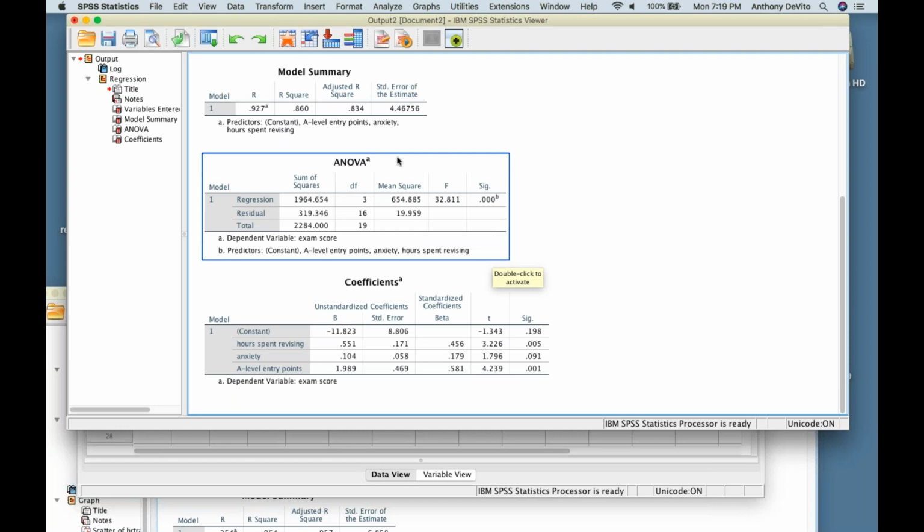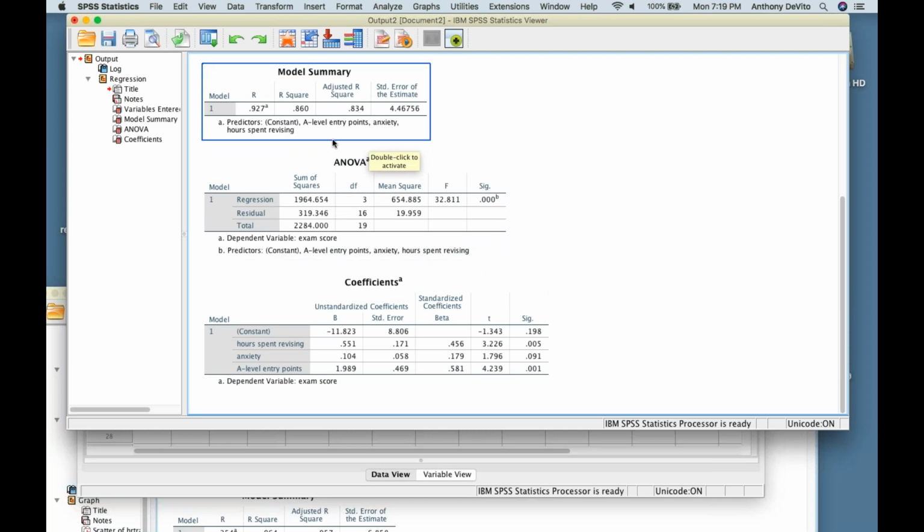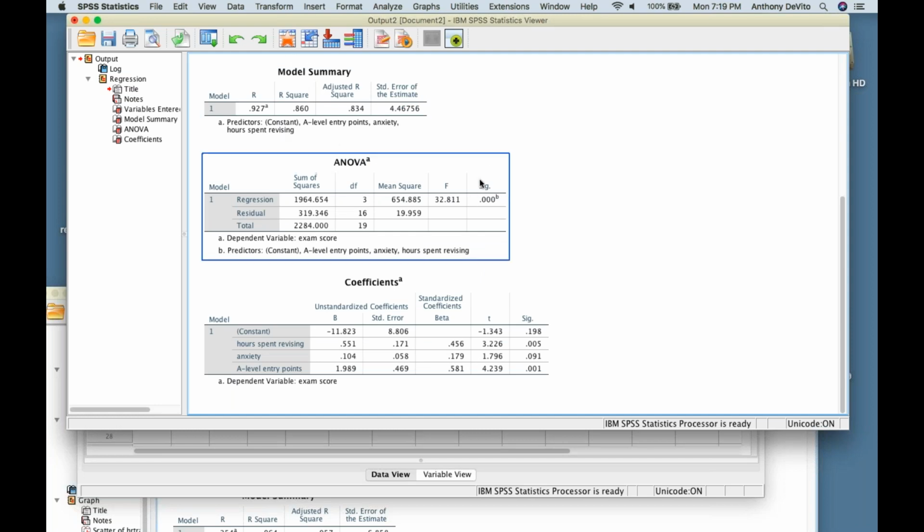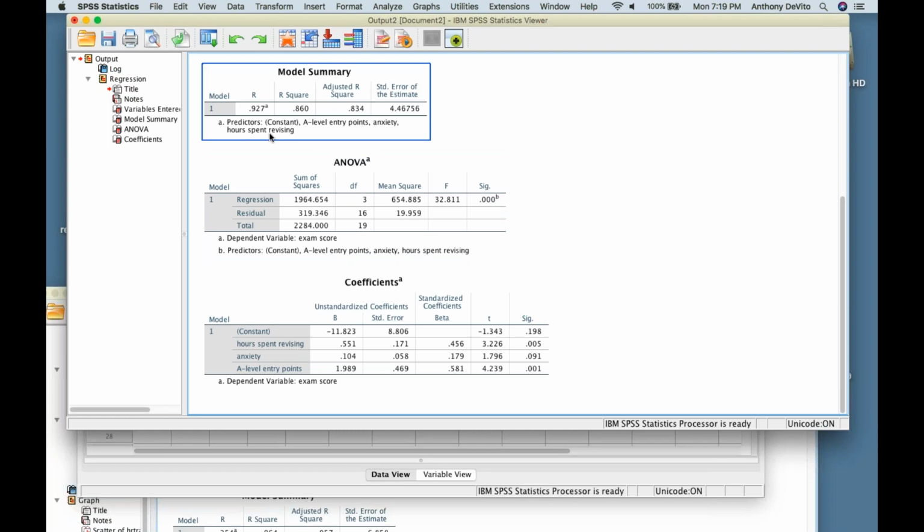Well, overall, is our regression statistically significant? What do we have for our significance for the analysis of variance? It is statistically significant, right? We can say that there is an association between the exam scores and our predictor variables. Okay, so let's take a look at how strong an association that is.